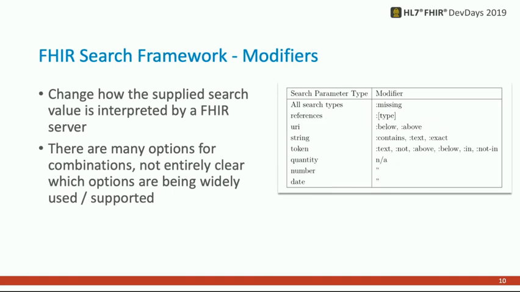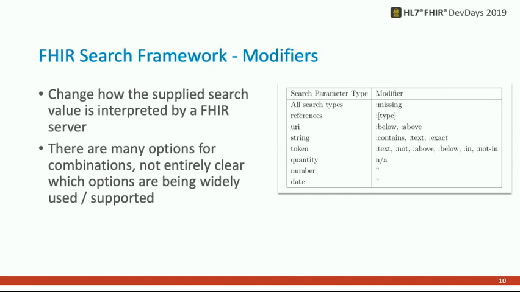So modifiers are basically a way to modify the default search behavior of a search parameter. All of the resource types can be provided with a missing modifier to see if a value was provided for a certain element, or if it has at least an extension to that particular resource element.